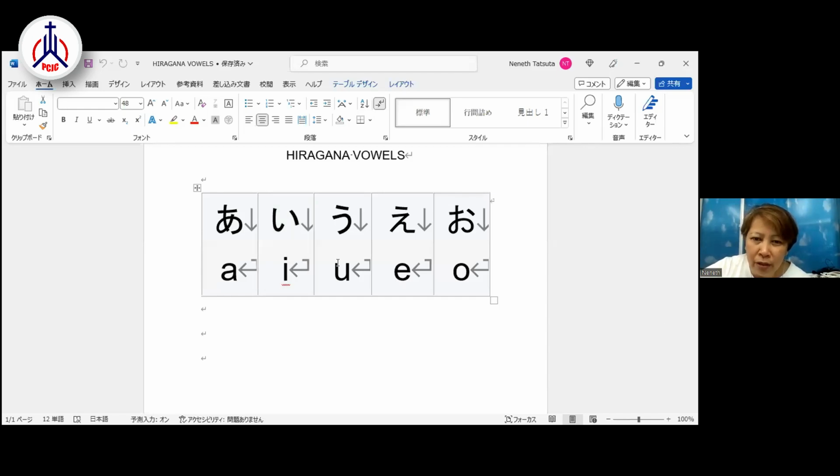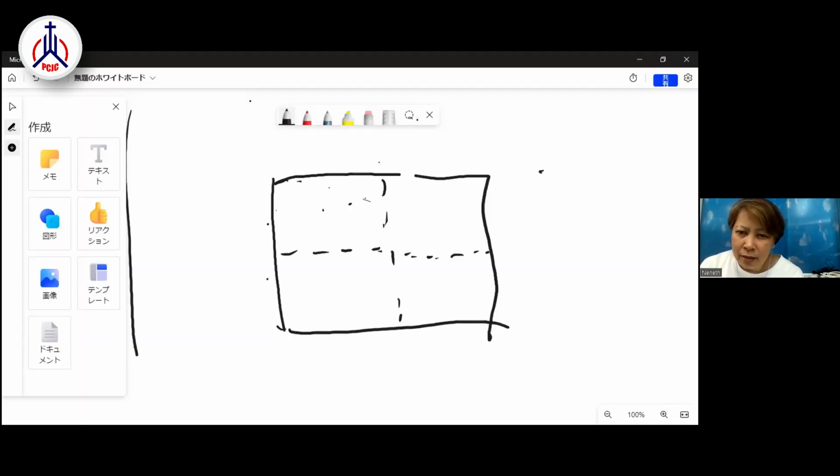The letter u. This one. Okay? So one stroke and then two strokes. One, two.